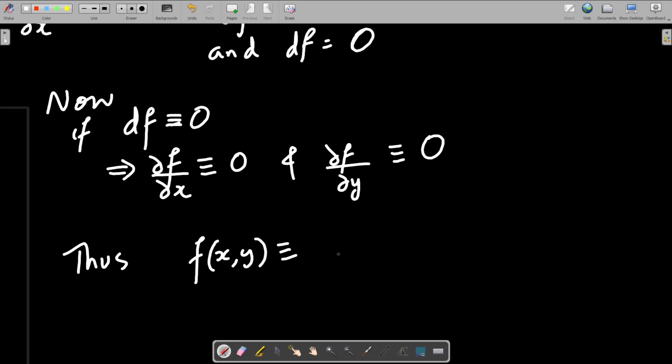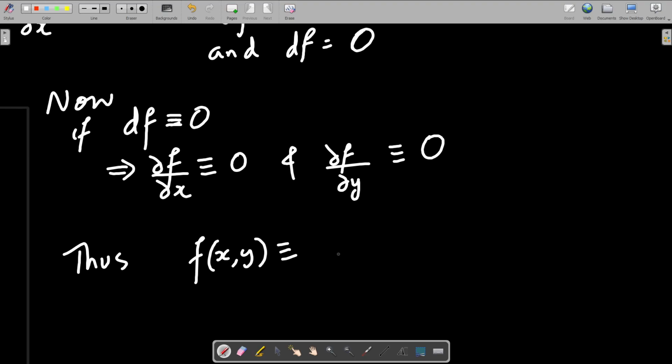It should have been a function of x and y, but when you take its derivative with respect to x, you're getting a 0. So it means there is no x term in it, it's just a constant with respect to x. Now if you take its derivative with respect to y, again you're getting a 0. So it means that there is no y term also in it.